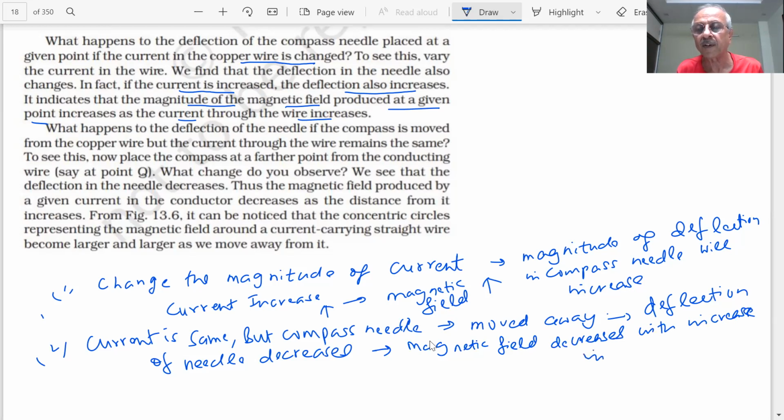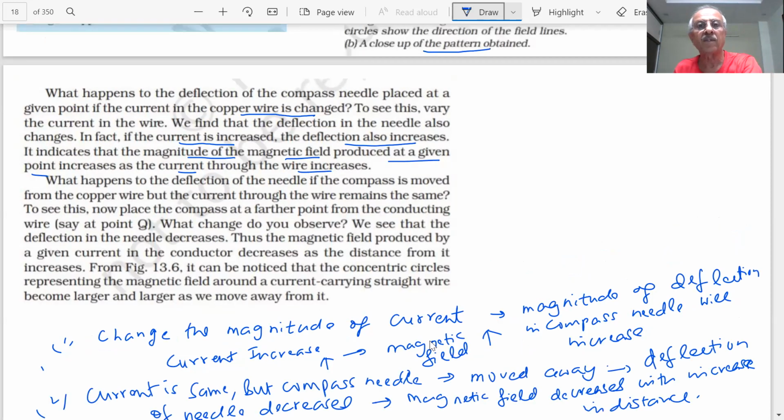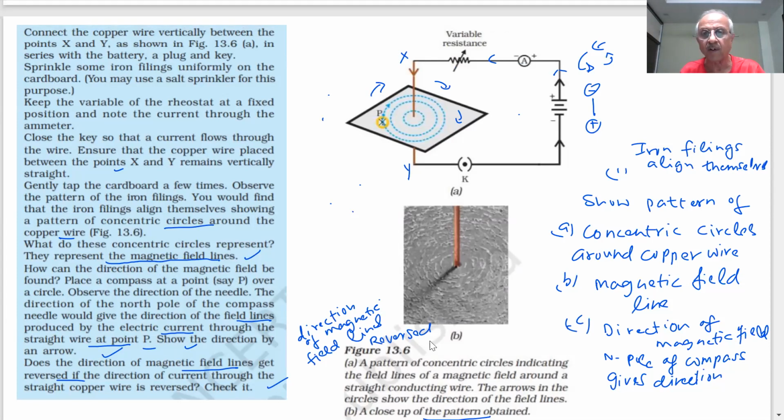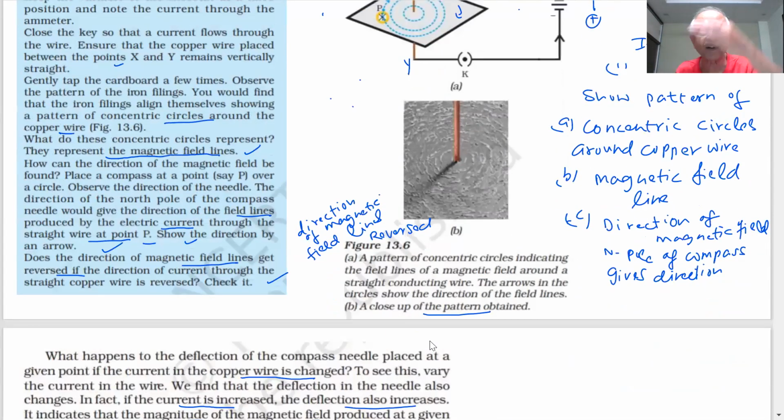It can be noticed that the concentric circles representing the magnetic field around the straight wire become larger and larger as we move away from it. So what is happening to the concentric circles? They are becoming larger and larger as you move away from the wire. Note it down.